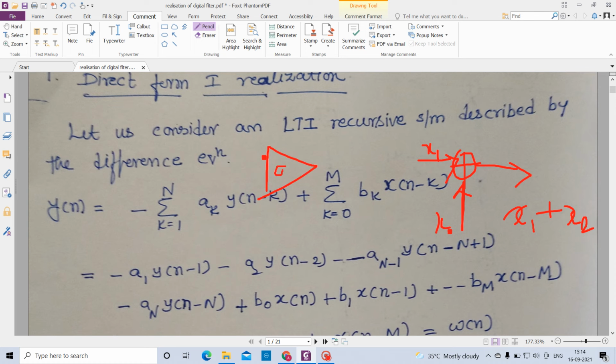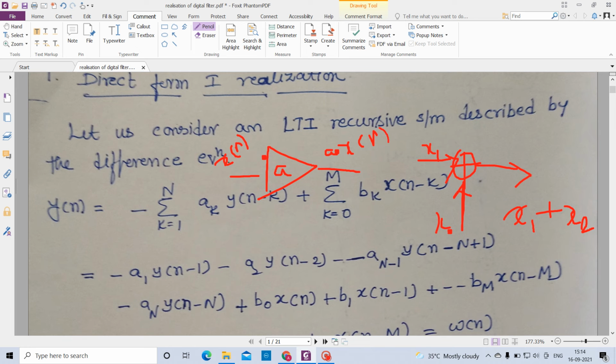It looks like an arrow. So x of n is multiplied with a, and the output is a into x of n.